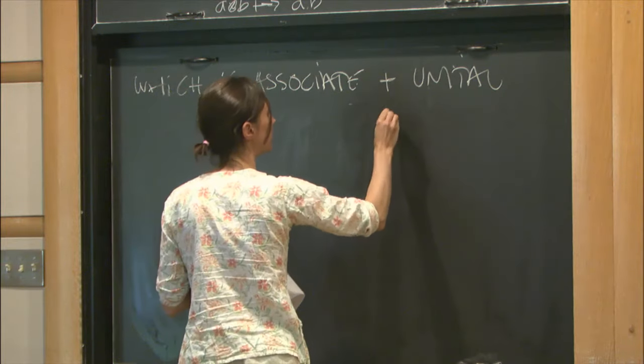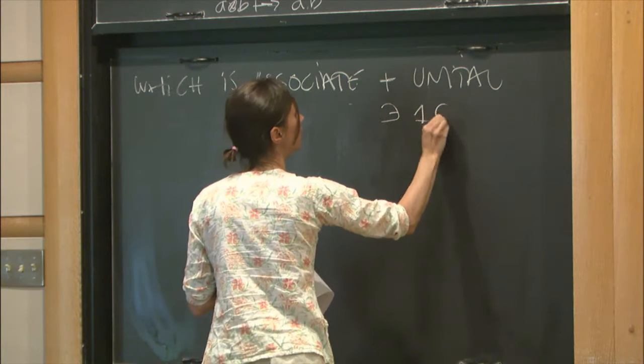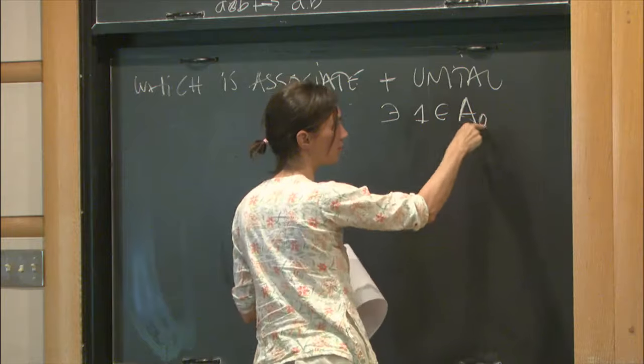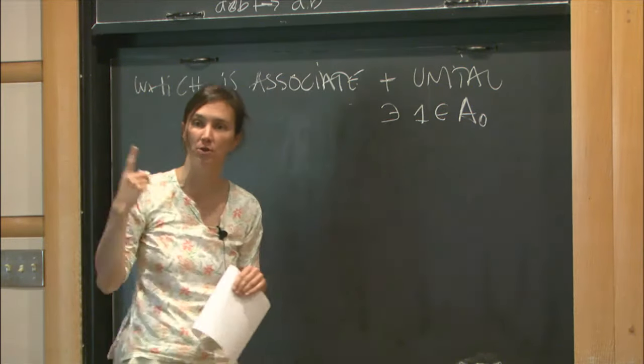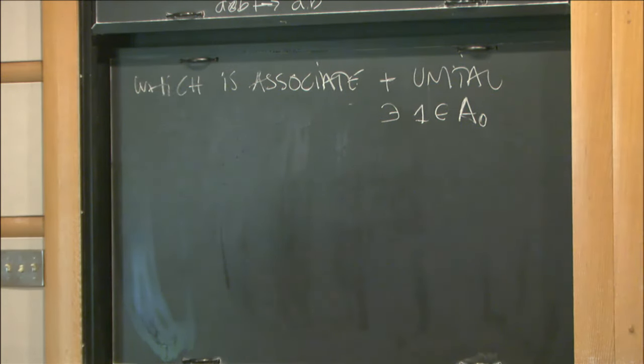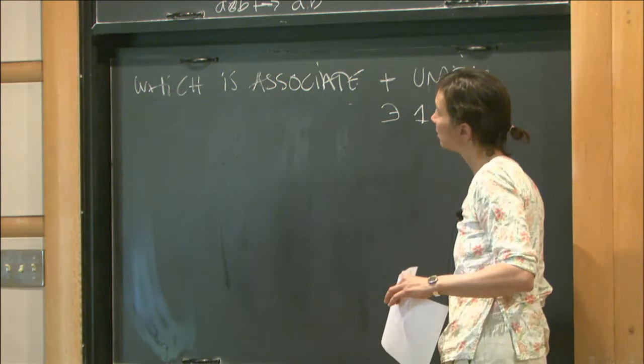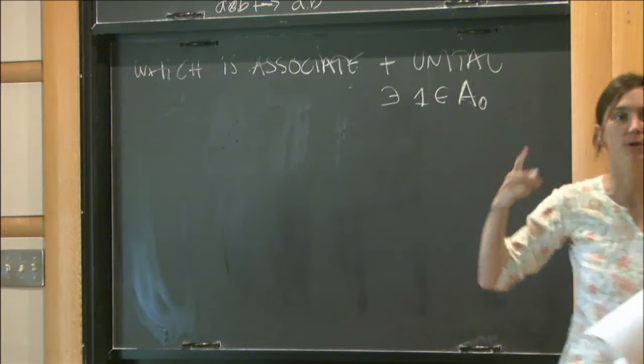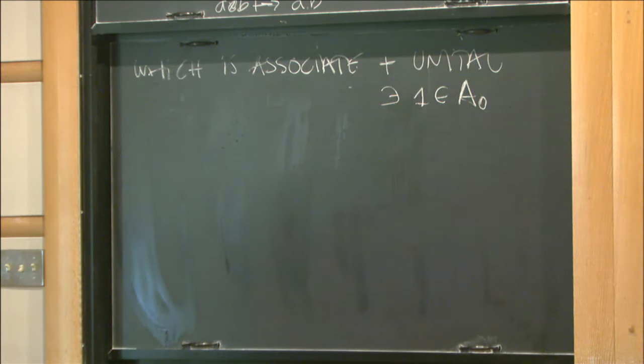What does it mean here? That is, there exists a 1 which is a degree 0 unit, so it lives in A_0. It's a degree 0 element in A, and it plays the role of a unit. If I multiply with 1, it doesn't do anything. So this is not strictly speaking necessary, but it will be for me at some point. So I will all the way through have units.